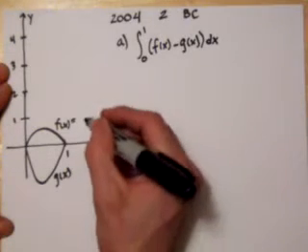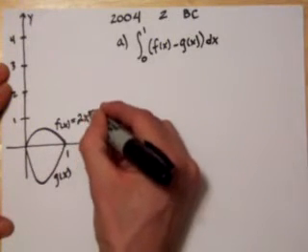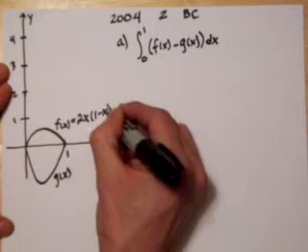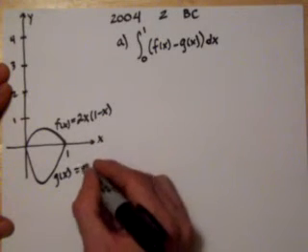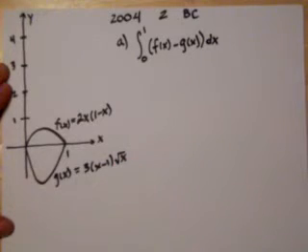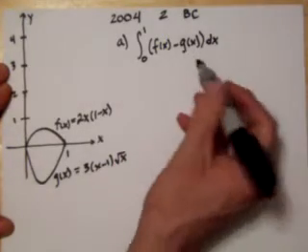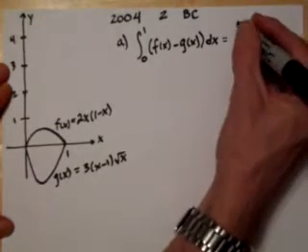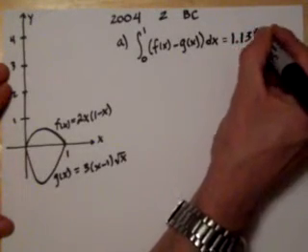These functions do have equations with them. f of x is 2x times 1 minus x, and g of x is 3 times x minus 1 times root x. Okay, so when you plug this into your calculator with these functions for f and g, you should get 1.133.